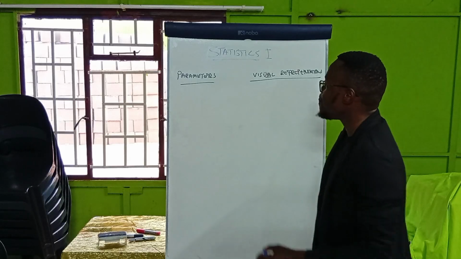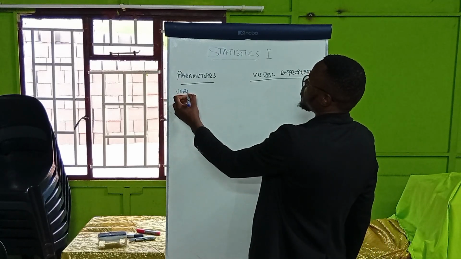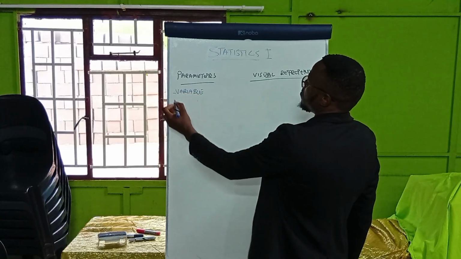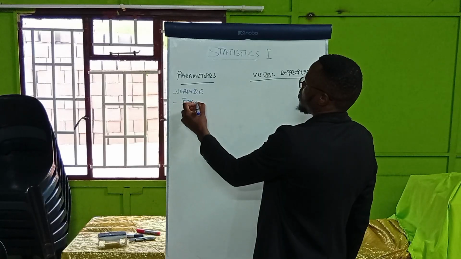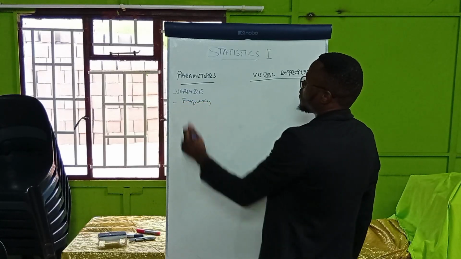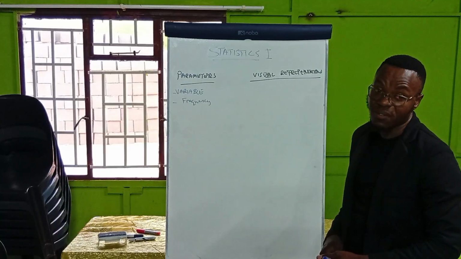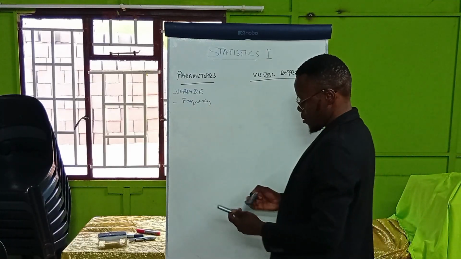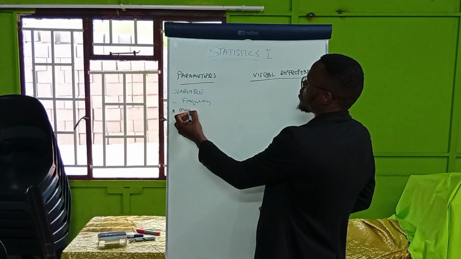So the first is that you always have what you call a variable, and then a variable is also linked to a frequency. These in fact are the main parameters or the main parts that define data. And then of course, we will also have what you call the mode.